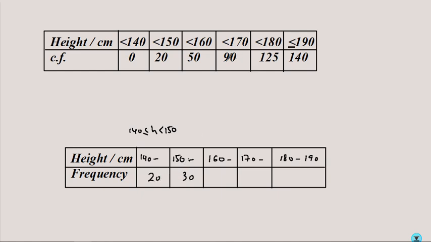So 90 minus 50 is 40. Similarly, 125 minus 90 is 35. And 140 minus 125 is the 15. So we can move from a cumulative frequency table to a frequency table by subtraction.